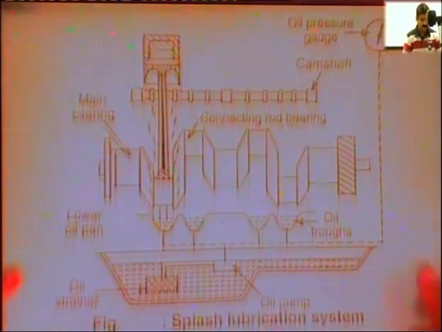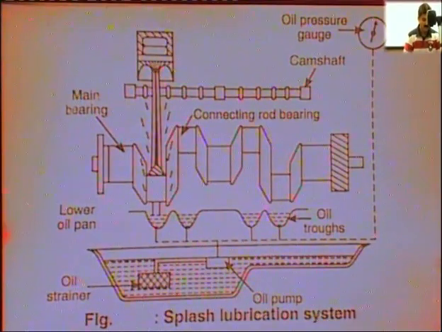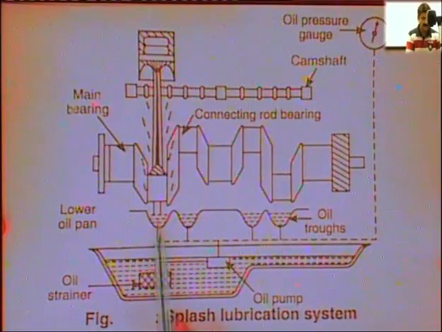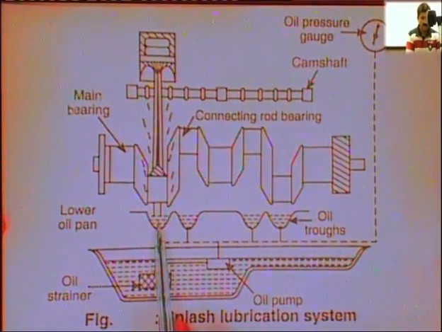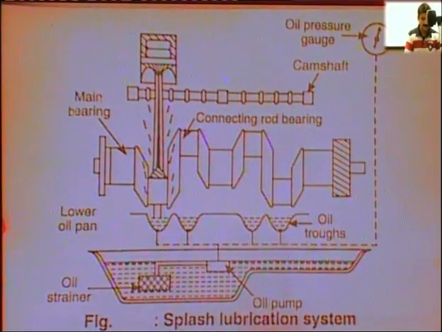We can again see the different lubricating systems of the engine. This was the first type of lubrication system which we have seen, the purely splash lubrication system, in which the splash plays the role for the lubrication of the engine parts, in which oil troughs were there.